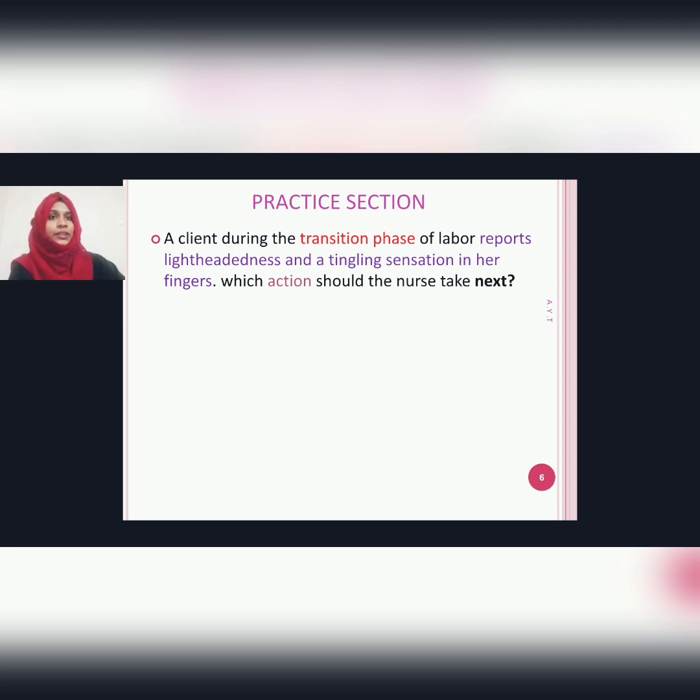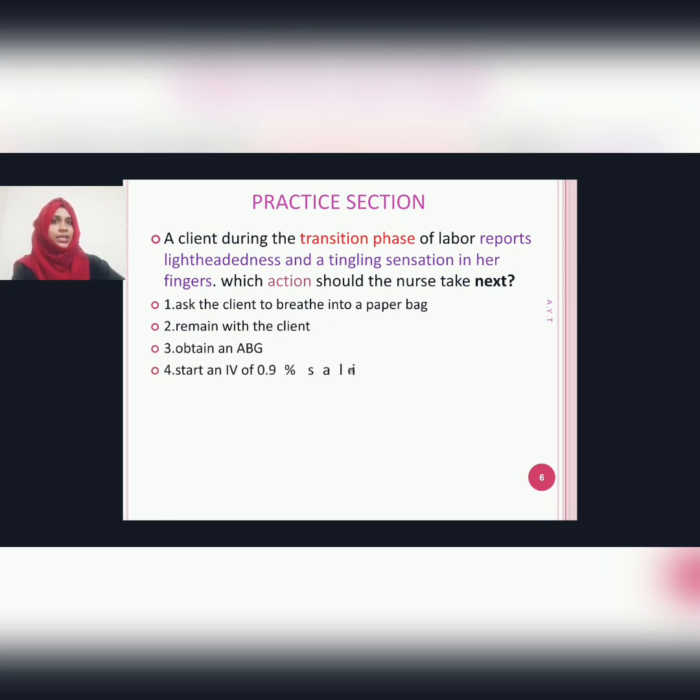Then we will read the options. Ask the client to breathe into the paper bag, remain with the client, obtain an ABG, start an IV. Now read again and think. So now, did you identify the topic or not? Here in the labor stage, the lady is reporting lightheadedness and tingling in the fingers.